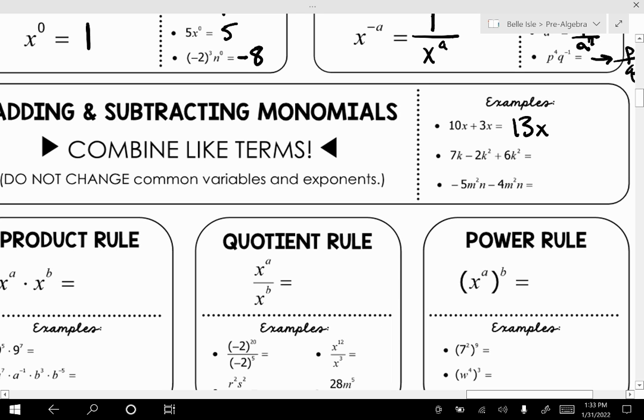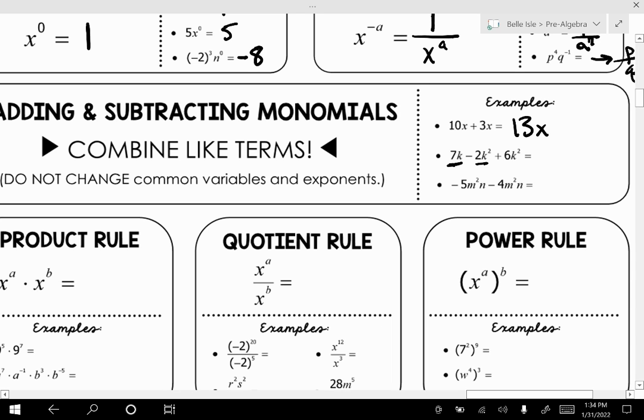They have the same variable, same exponent. Okay, 7k minus 2k squared plus 6k squared. I'm showing this one because they are slightly different. Even though these both have k's, you cannot combine them, because now we are not just looking at whether the variables match, but the exponents need to match if you're going to add or subtract them.